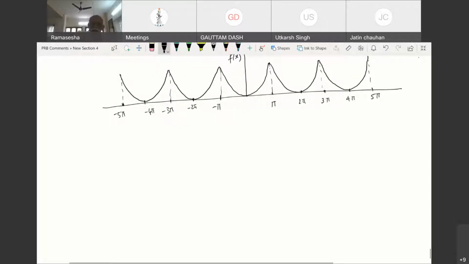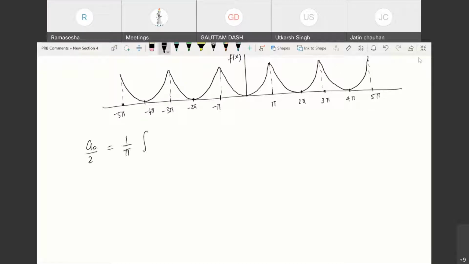a0 by 2 is equal to 1 over pi integral minus pi to pi, I'll take minus pi to pi, f of x is x squared. So what does it mean? This gives me 1 upon pi into x cubed by 3 from minus pi to plus pi.